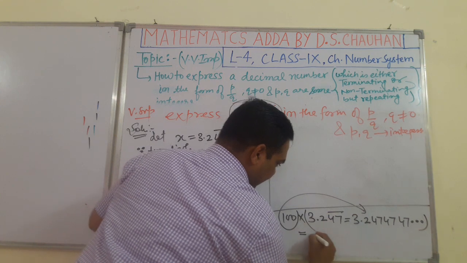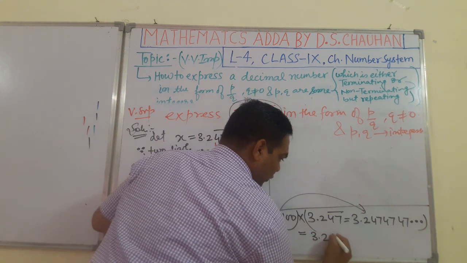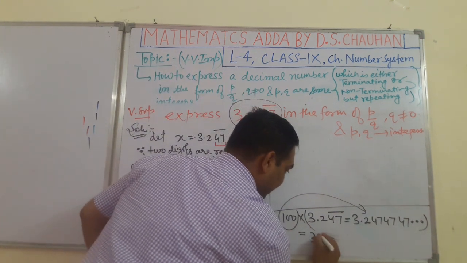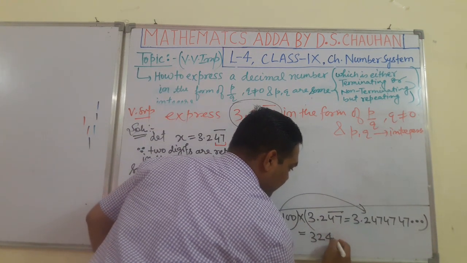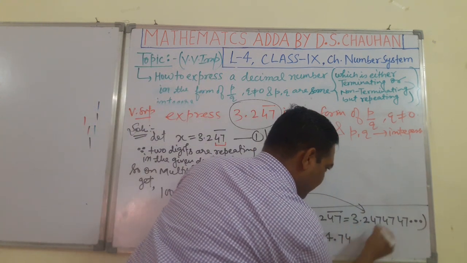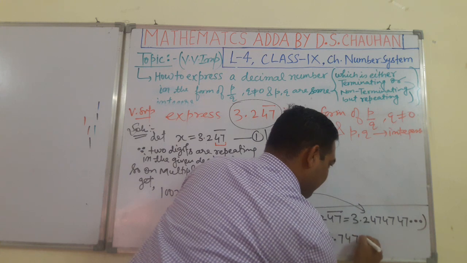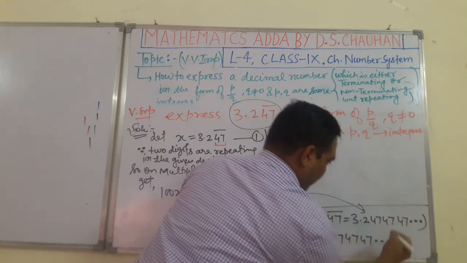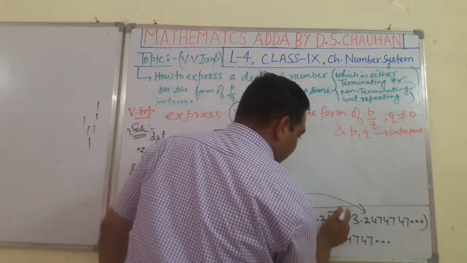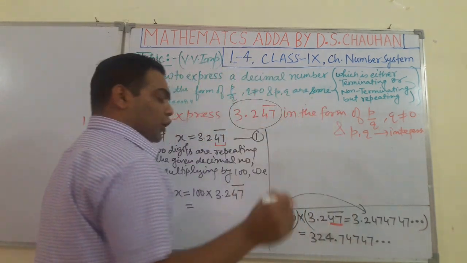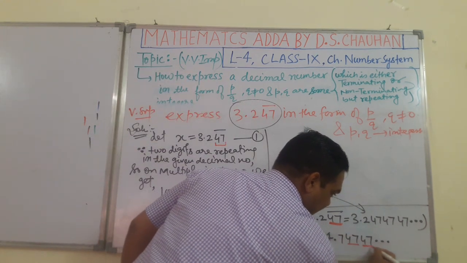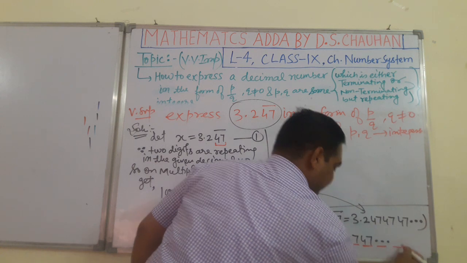What will you get here, student? You will get 324 point 747 and so on. But students, you have seen digits 4 and 7 are repeating, so it will take the sequence from here and continue further.